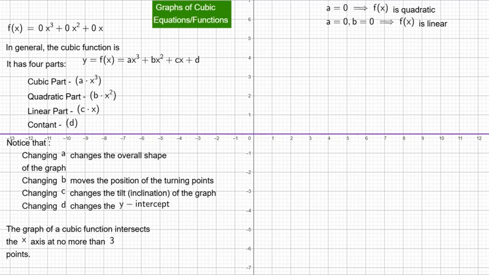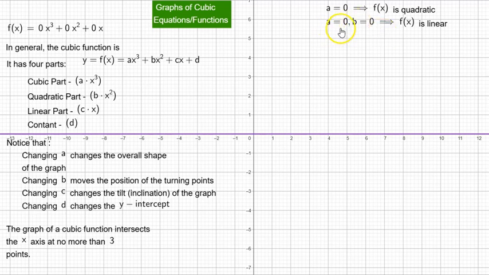Okay, now let's make b equal to 1. So now what do we have? We have 0x cube, x square plus 0x. So it has become quadratic now. When a is equal to 0 and b is also equal to 0, it becomes the straight line we had previously, the line which was lying on the x-axis.